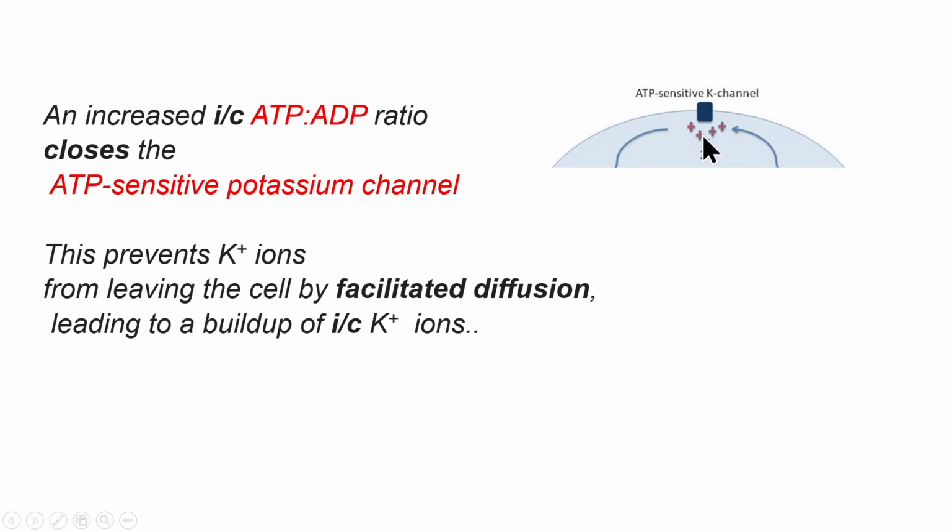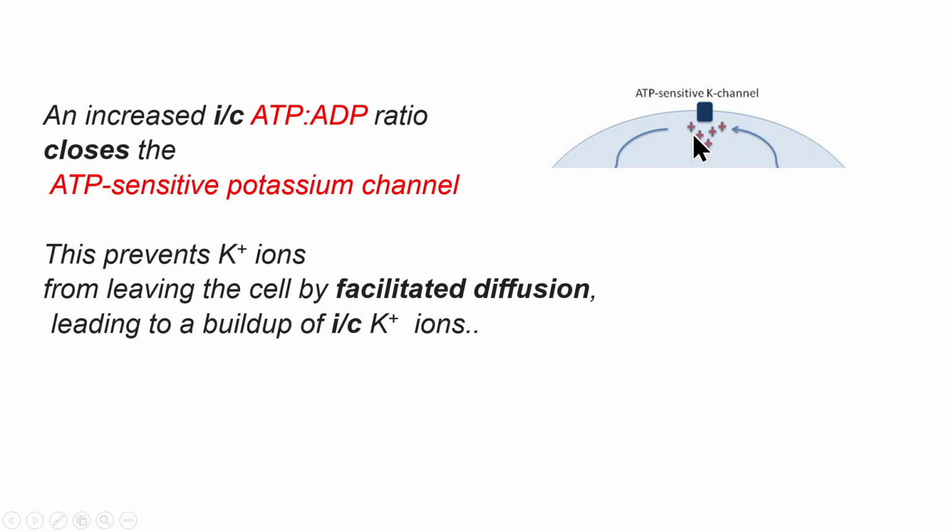However, increased formation of ATP when blood glucose concentration is high will result in the closure of these ATP-sensitive potassium channels. Potassium ions, which are positively charged, will not be able to move out of the cell, resulting in increased positivity inside the cell.